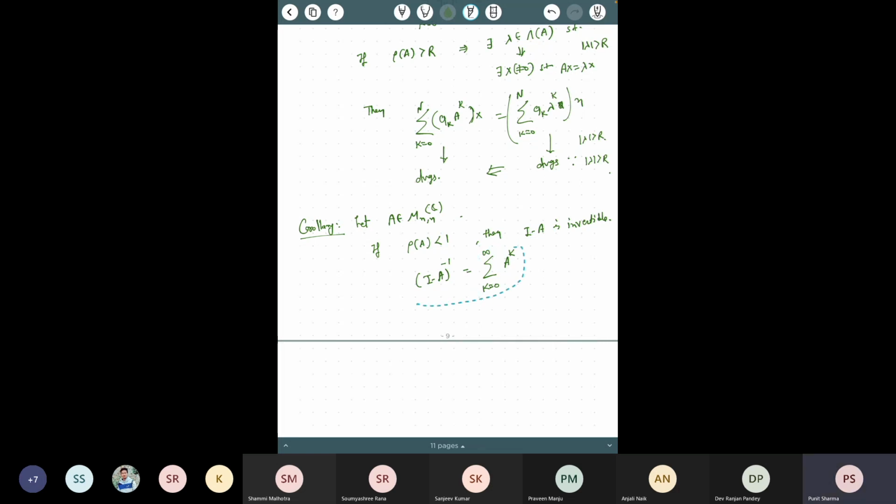So I will just mention quickly why this part is true, or I'll give you just a hint of the proof of this part. Do you know what would be the radius of convergence of this series? Can you tell me the radius of convergence of this power series?